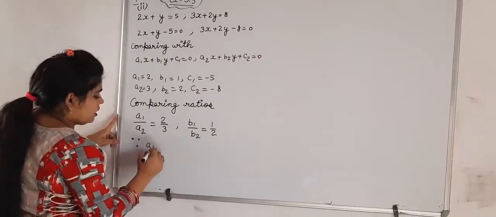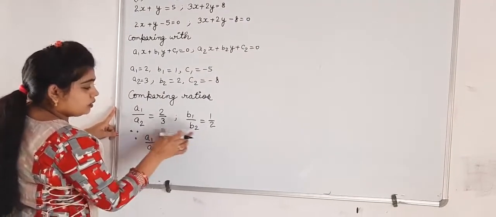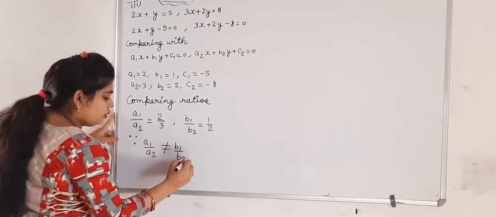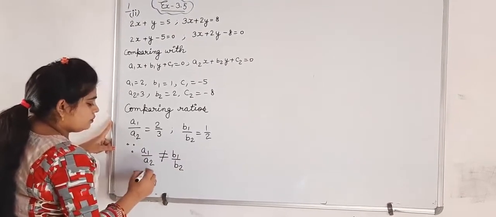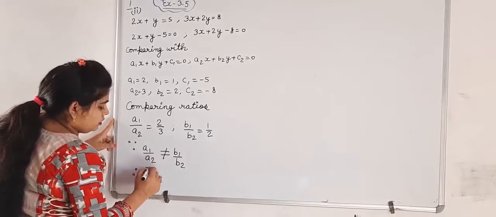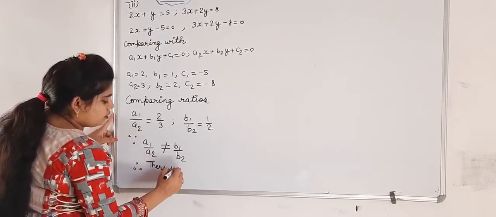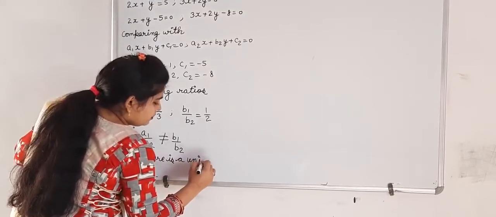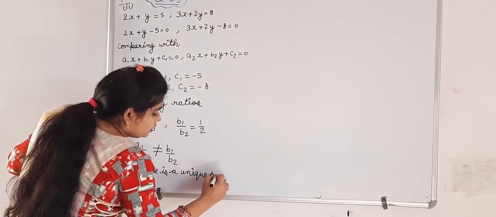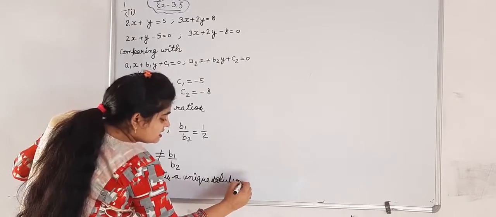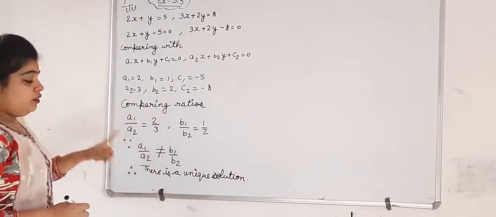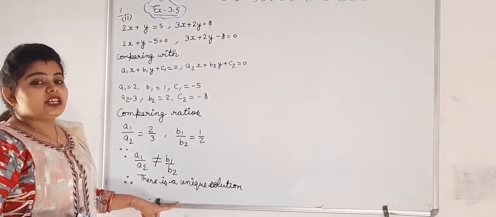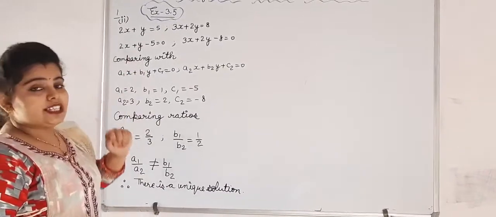Because a1 by a2 and b1 by b2 are not equal, there is a unique solution, or you can write there exists a unique solution. If a unique solution is there, now using the cross multiplication method we will find the values of x and y.